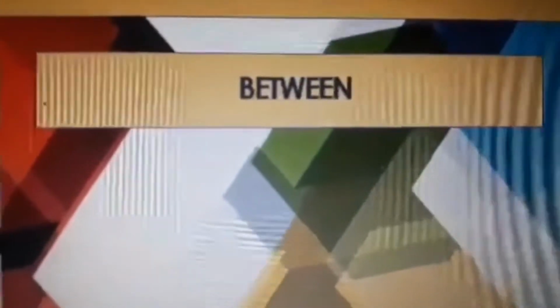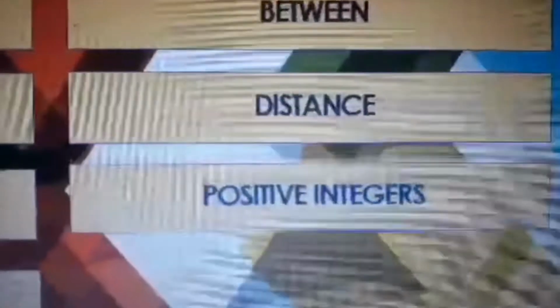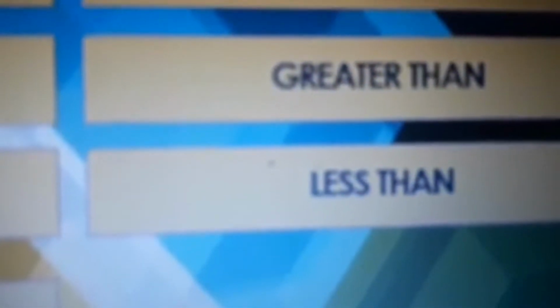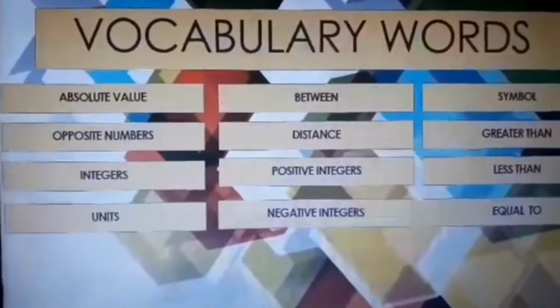Next, we have between, distance, positive integers, negative integers, symbol, greater than, less than, equal to. Those are your vocabulary words in absolute value and opposite numbers in mathematics.